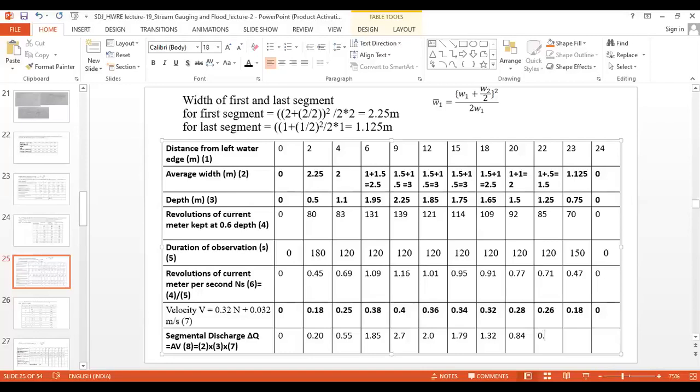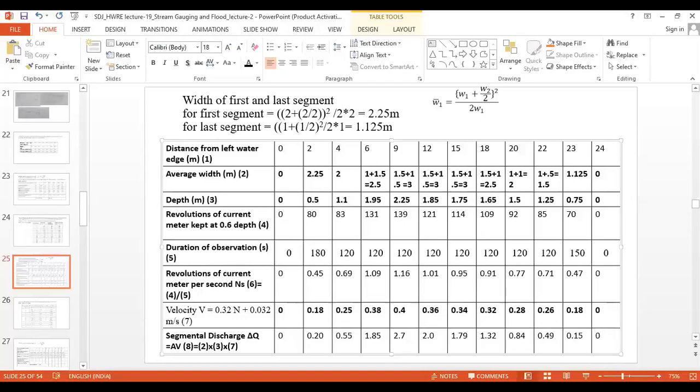That is 0.4875, so 0.49 we will go for. Then average width is 1.125 into depth as 0.75 into velocity as 0.18, and its value is 0.1518, 0.152. It is considered 0.15. Last will be 0.